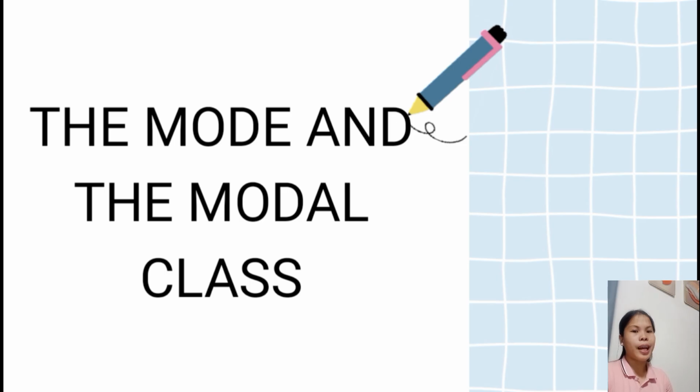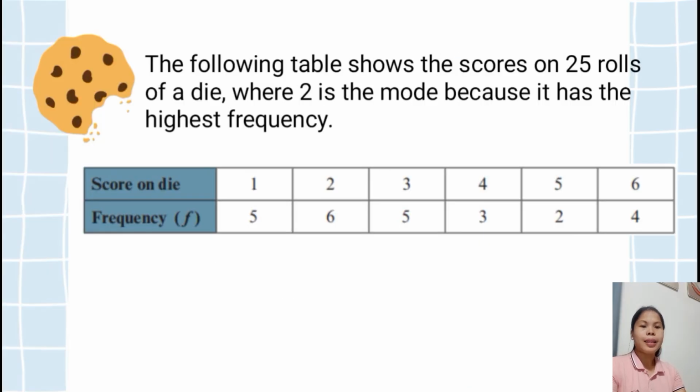Let's have the mode and the modal class. A set of data may have more than one mode or no mode at all. The following table shows the scores on 25 rolls of a die, where 2 is the mode because it has the highest frequency.